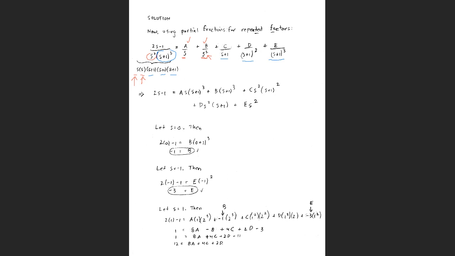Now, what would happen if you were to have, like for b, let's say bs plus c instead of just the b? Well, the b would become 0, and the c would equal a number, possibly. So that's how you deal with these repeated factors.